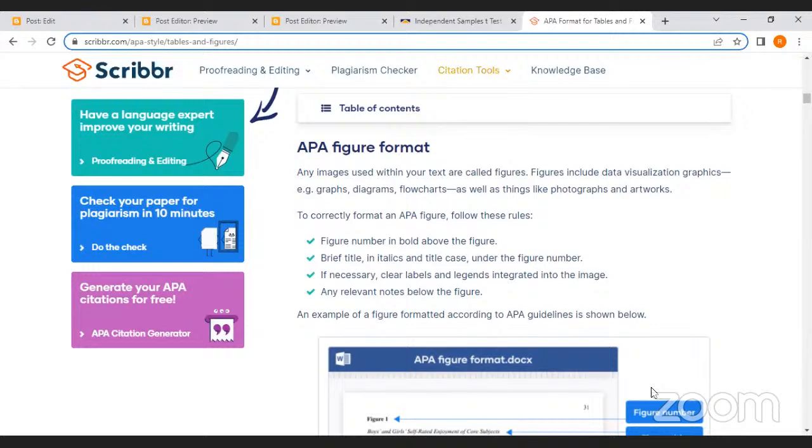Next, if necessary, clear labels and legends integrated into the image. Next, any relevant notes below the figure.